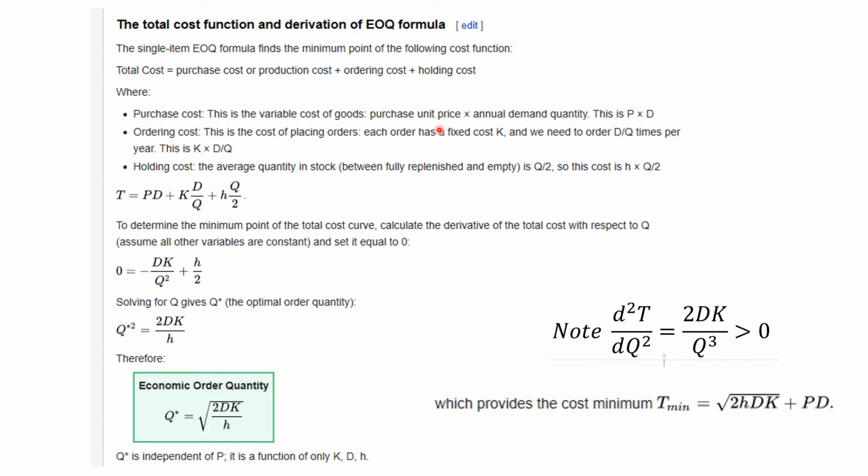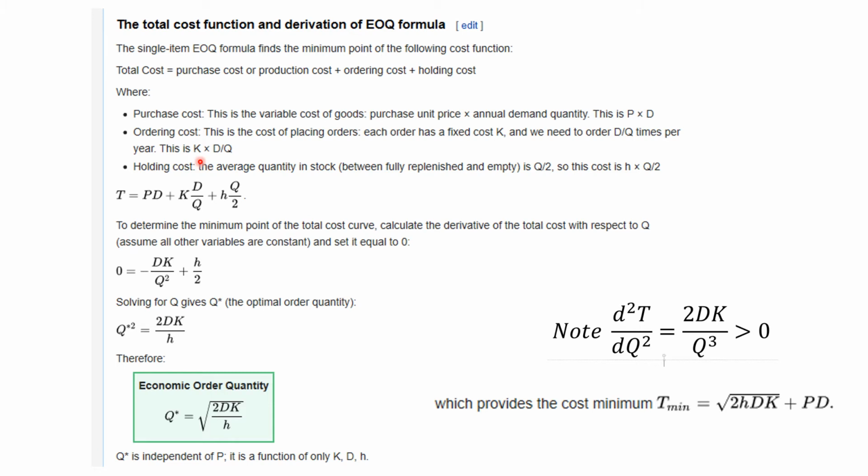That is the purchase unit price times the annual demand quantity. This is P times D, and P times D sits right here. Now we have to have the ordering cost. Each time you order, it's going to involve a cost of K, but you have to figure out how many times you have to order.